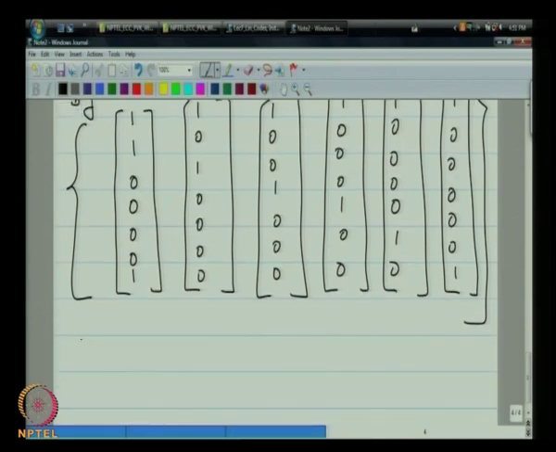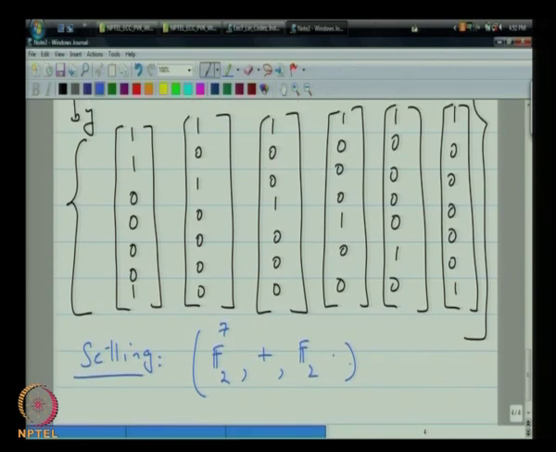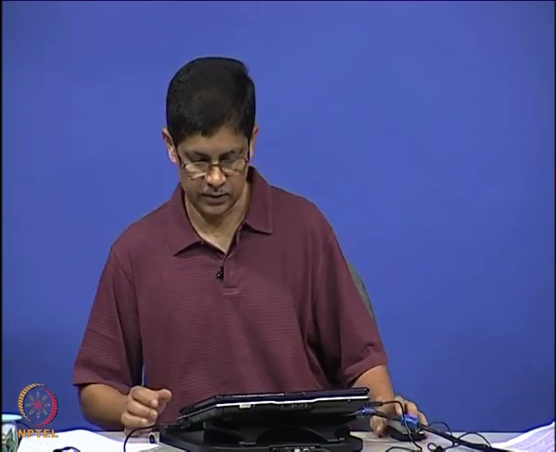So, the setting in which I am asking you this question is the setting in which we are working inside the vector space F2. So, we are inside this vector space, and the question is, if you think about these vectors as vectors belonging to this vector space, then what is the space spanned by these vectors, right?